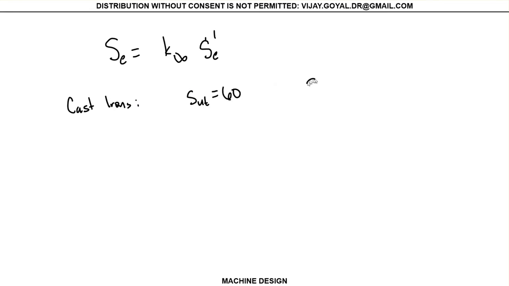To find this, I need to know what my SE is. This is K infinite multiplied by SE prime. And you can see that for cast irons, if you look at your notes, and your SUT is equal to 60, then your SE prime is going to equal 24 KSI, and that actually happens at 10 to the 6.